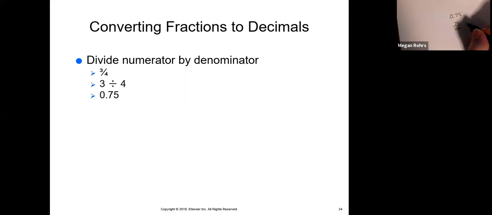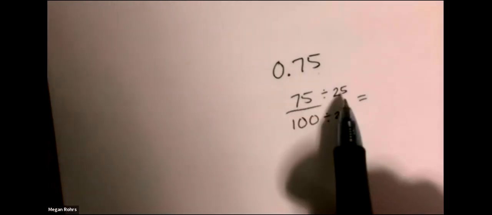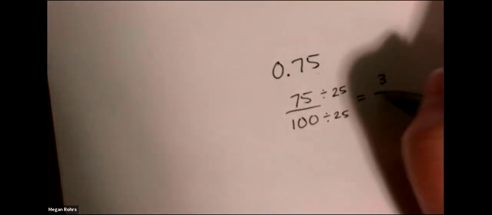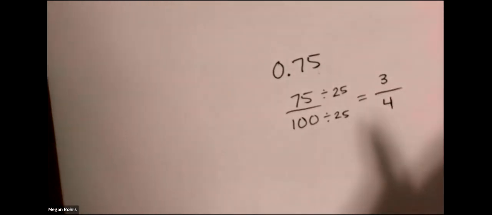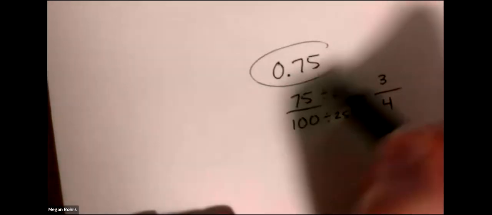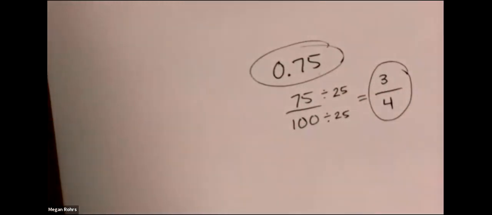Each of those can be divided by 25. Make sure you can see my screen here. There we go. And so 75 divided by 25 would give us 3. 100 divided by 25 would give us 4. So once again, that just confirms that 75 hundredths is the same thing as 3 fourths.